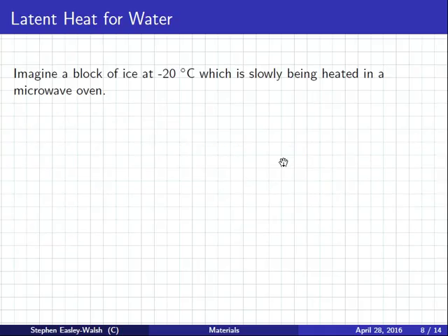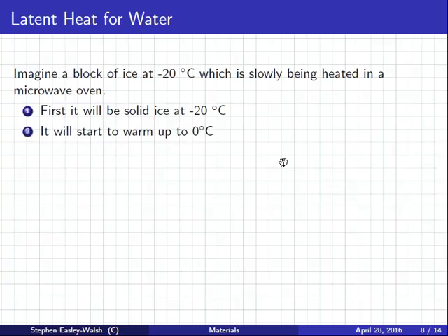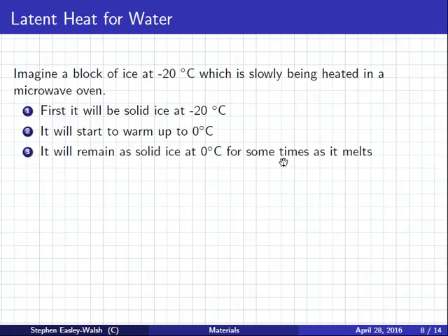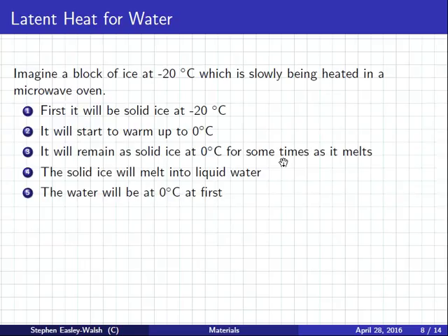So just to be really clear again, imagine a block of ice at -20 and you slowly heat it in a microwave. What will happen? Well, first it will be -20 and then it will increase to 0, but it will still be ice at 0 until some time passes and then it melts and it becomes water at 0. And then what happens next?